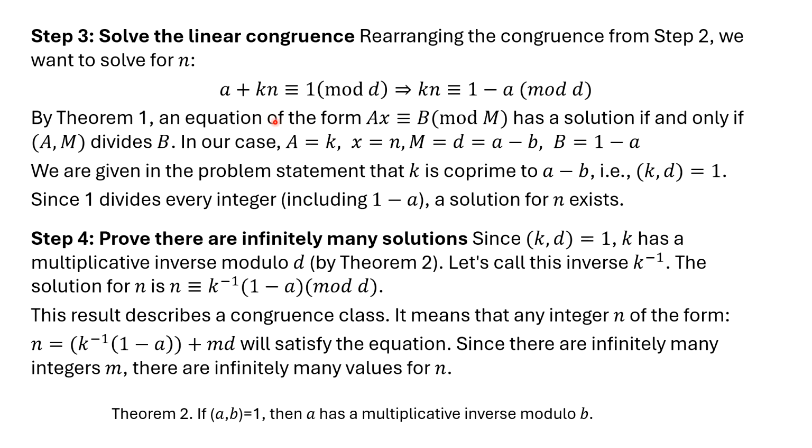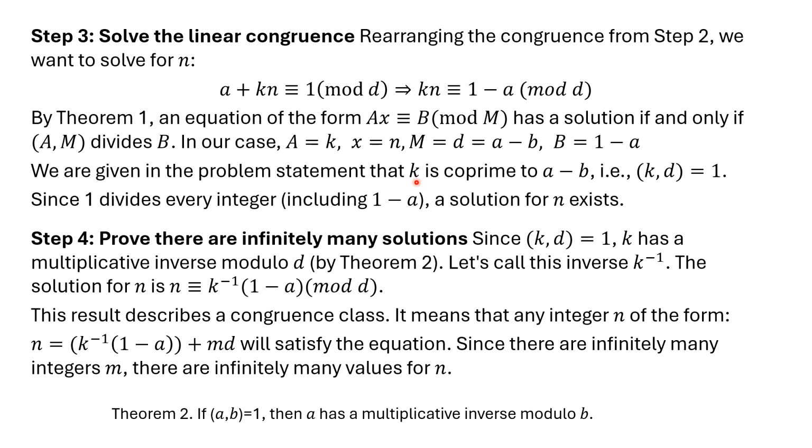In order to use this theorem and claim that this has a solution, and in turn this has a solution, we have to demonstrate that the GCD of a and m divides b, or in our case, the GCD of k and d divides 1 minus a. But that follows pretty easily.